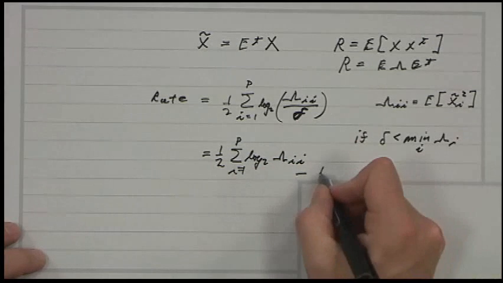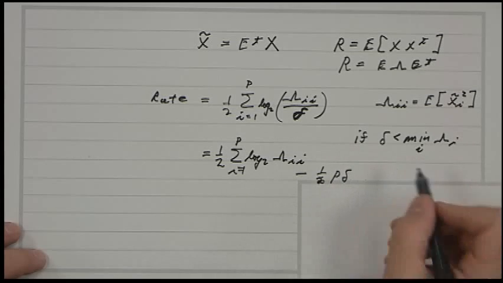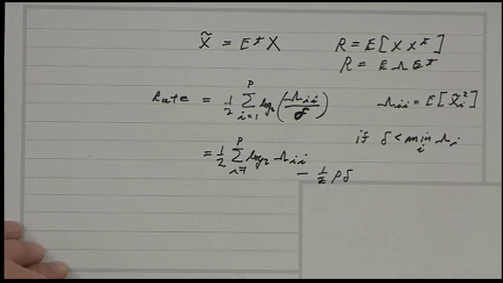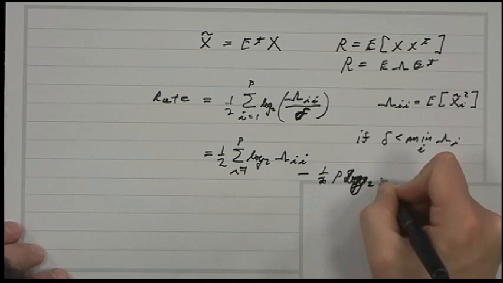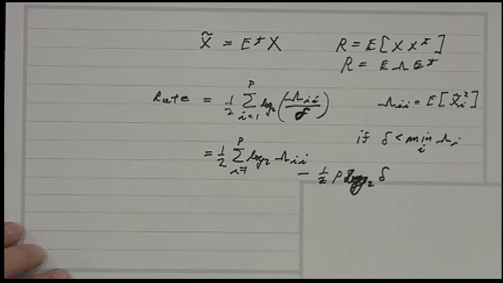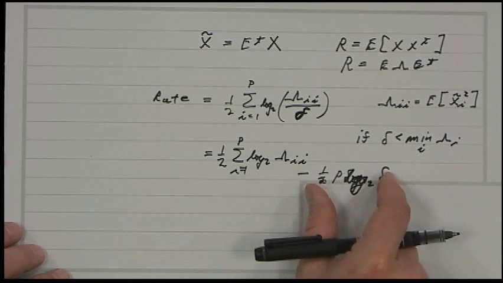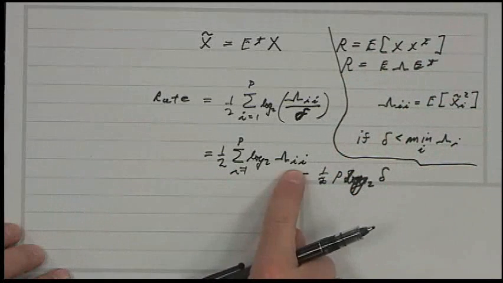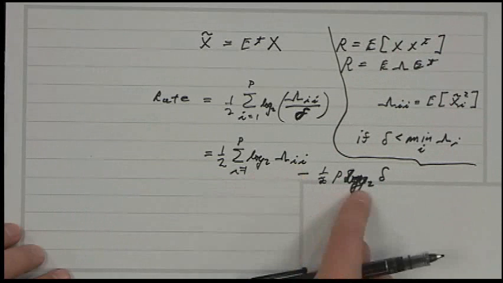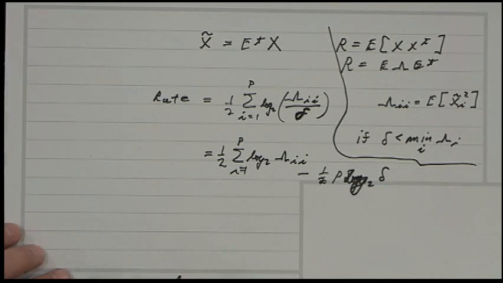And the constant is 1/2 p times log base 2 of delta. This is a constant, so I can ignore it. And this is the rate. So the rate is this minus a constant, which depends upon the quantization step size, right?